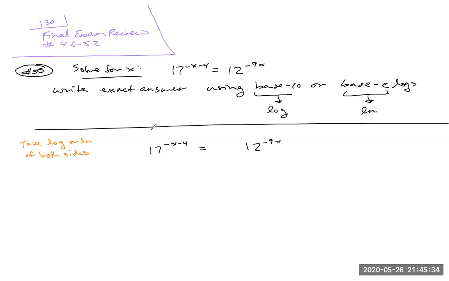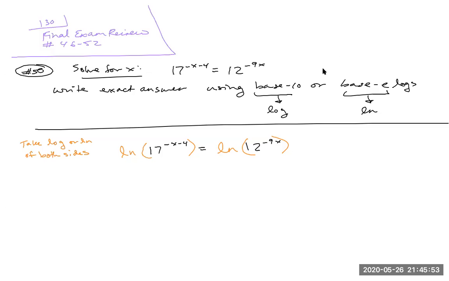Just be consistent that you use only log or only ln throughout your process. So I'm going to use ln this time. Okay, so now my original expressions from my original equation become the arguments for the logs.